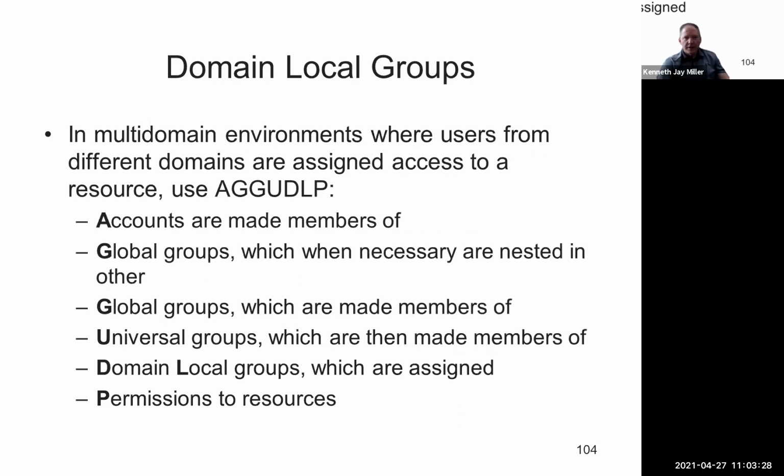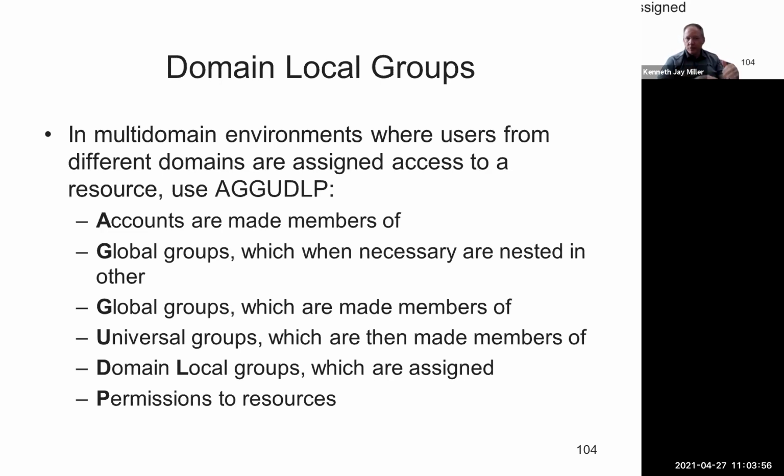No. All right. So in a multi-domain environment where you have users from different domains, you have to look at it a little bit differently. Accounts are still made members of global groups, which when necessary are nested in other global groups, which are made members of universal groups, which are then made members of domain local groups, which are assigned permissions.